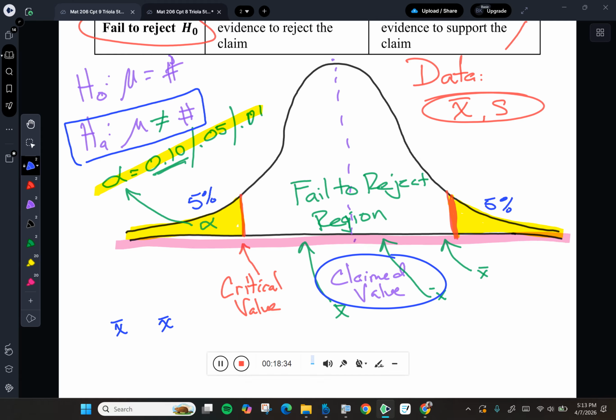That way we get 10% rejection region. If it was 5%, then over here on the left, this one would be 2.5%. This one would be 2.5%. That way both tails add up to our 5%. Similarly, if it was 1%, each tail would be 0.5%. So 0.5% plus 0.5% will give us our 1%.